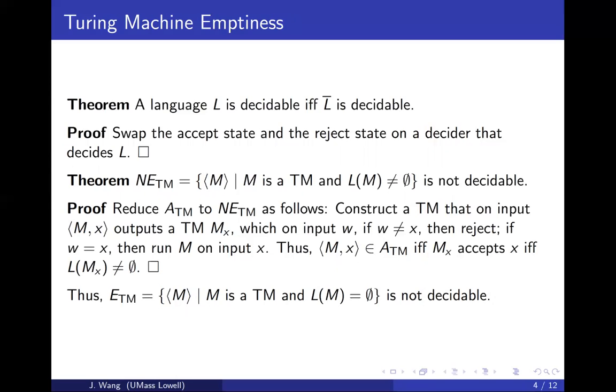Decidable means that it's a decider that always halts. So you just need to swap the accept state with the reject state. Then the new decider, by swapping the accept state with the reject state, decides L bar.